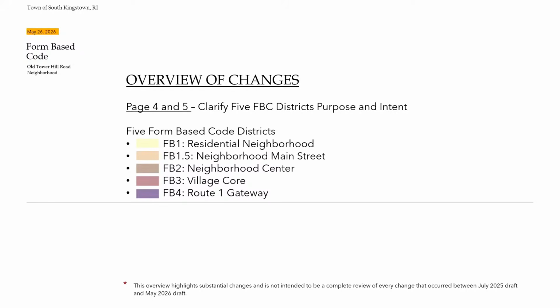FB1.5 came about through a discussion with the Planning Board. FB1.5, which is the area between Stedman's and just shy of Citizens Bank, is a historic portion of Main Street that has seen some transitions over the years from single-family use to some commercial service-oriented use. But for the majority of that area, it's maintained its residential fabric.